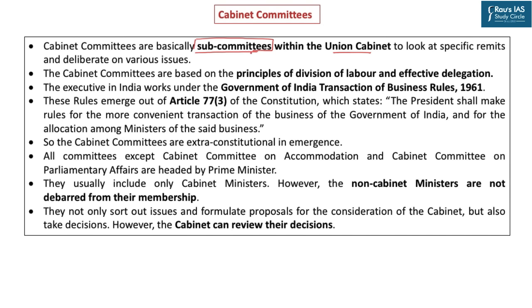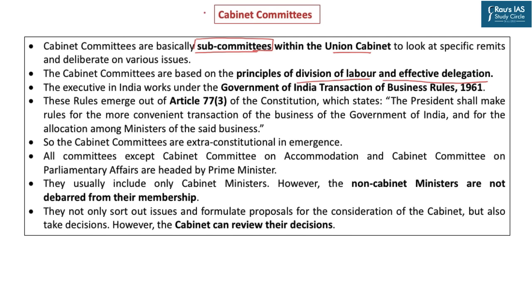Cabinet committees are basically made on the principle of division of labor and effective delegation in the parliamentary system. These help in interministerial coordination. They help to keep a check on arbitrary decision making by any particular minister. And by virtue of that, they help in enforcing the principle of collective responsibility in a parliamentary democracy.